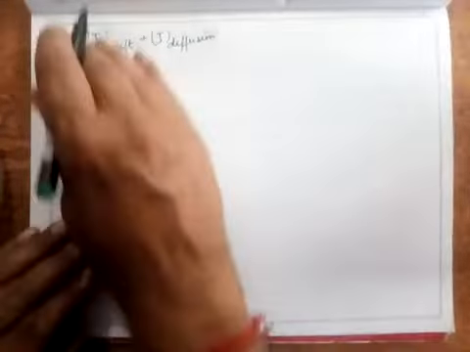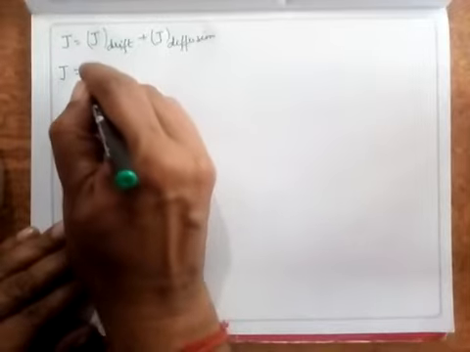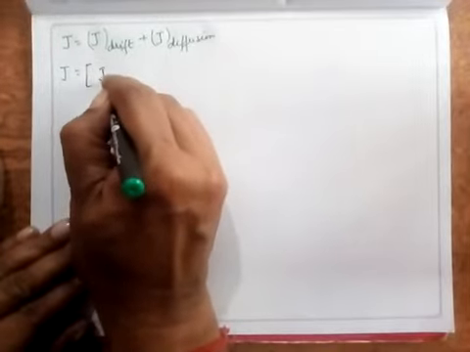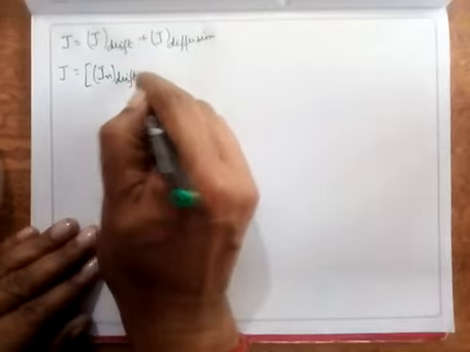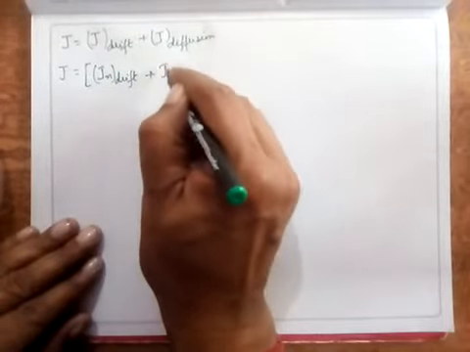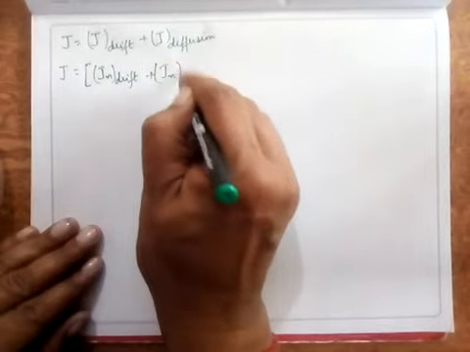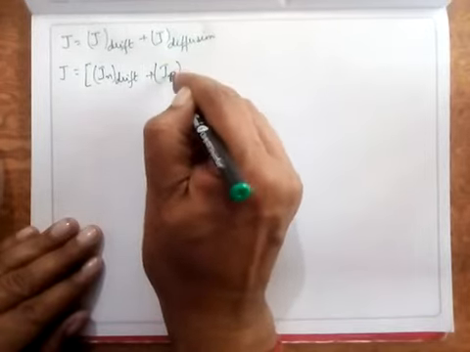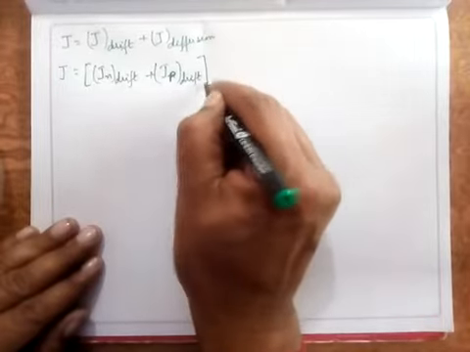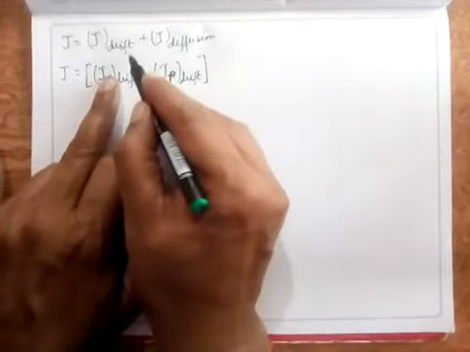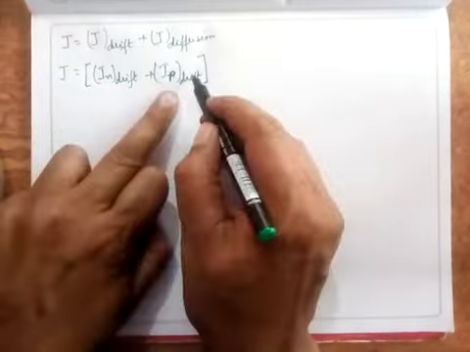So I can say that this J drift is equal to Jn drift plus Jp drift. I hope this is clear to you. That is a drift current due to electrons and drift current due to holes.